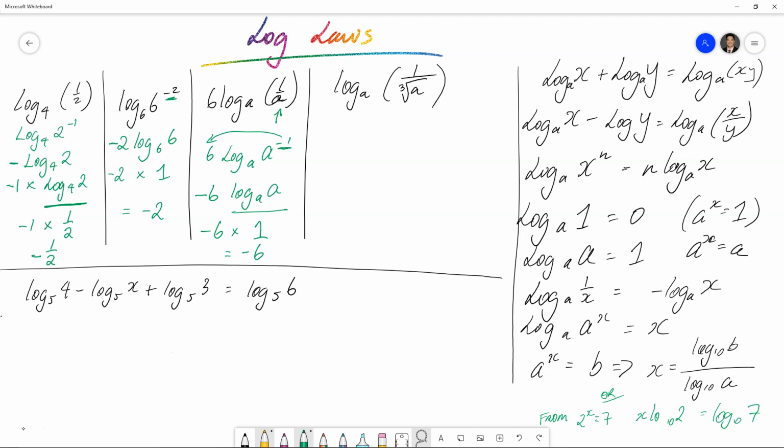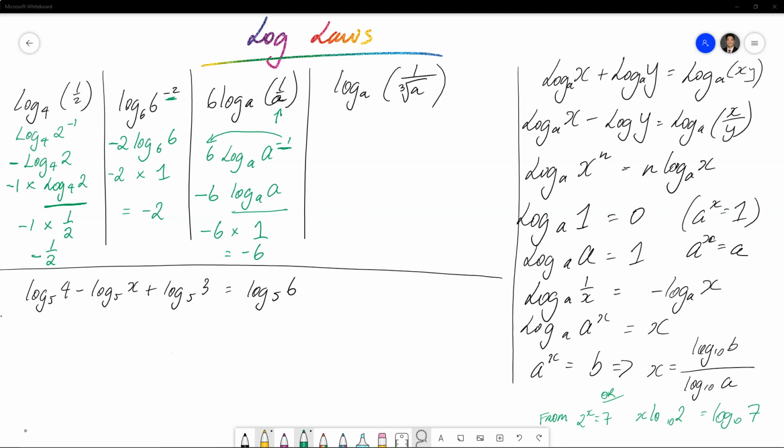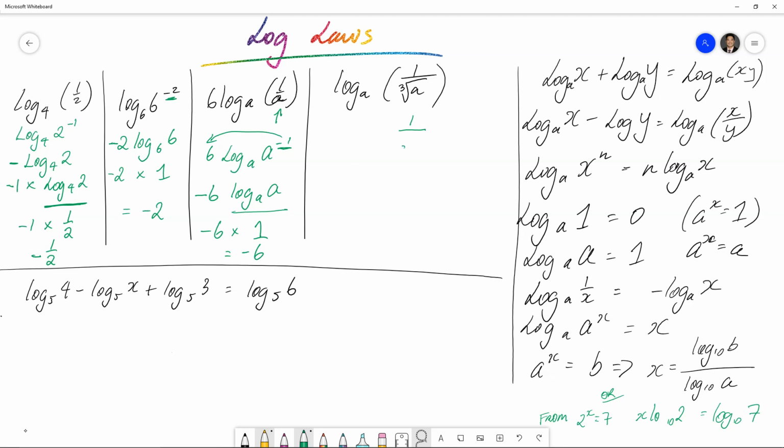All right, moving along to the fourth example, we're going to again convert this surd into index form, and what you'll end up having, just focusing on these brackets here, is the same as 1 over a to the power of a third.